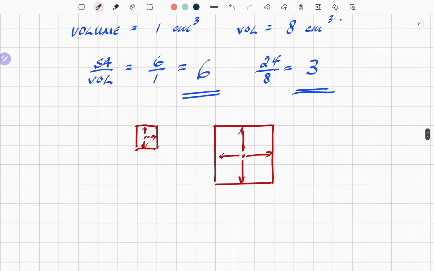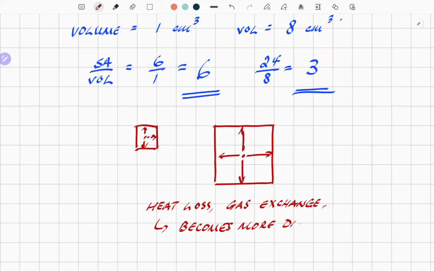So if you were to consider this for the purposes of, for example, heat loss, gas exchange, or exchange of any substances, it becomes more difficult in larger objects.